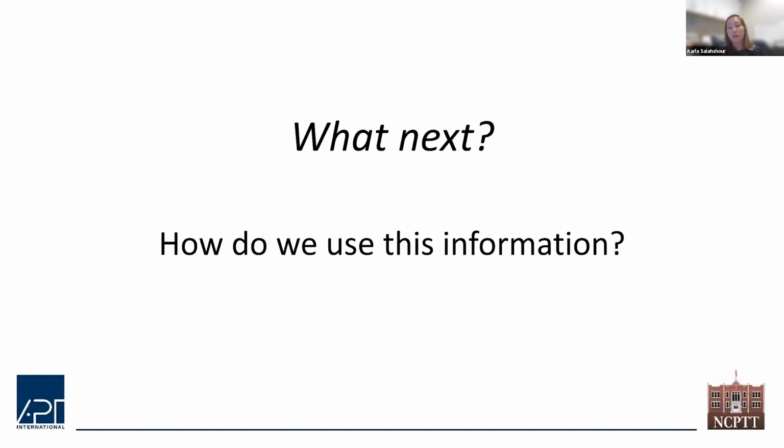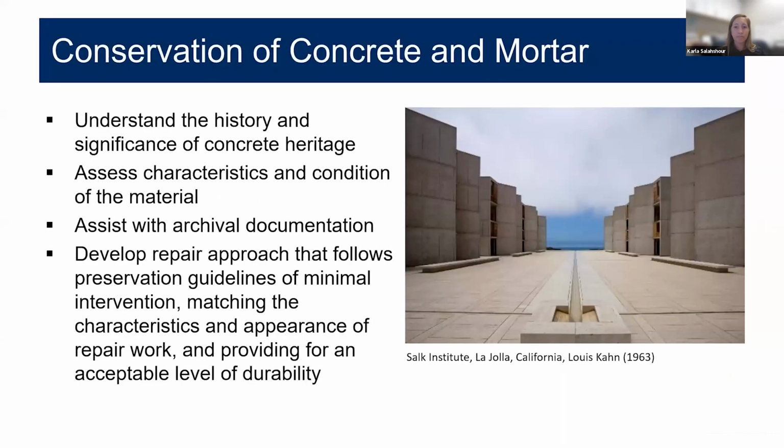So after we collect all of these observations from our testing, what is done with that information? So it can be used for the conservation of materials. So it requires an understanding of the history and significance of the concrete heritage. Again, we assess the characteristics and the condition of the material.